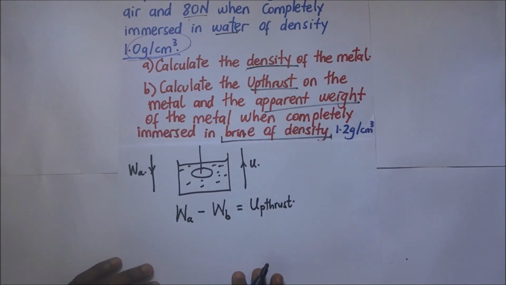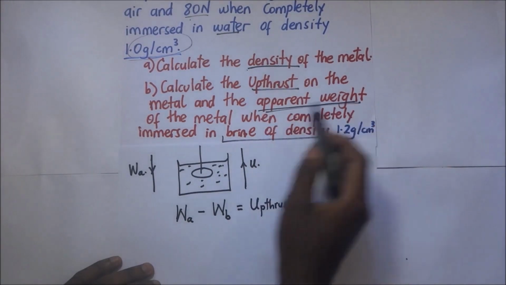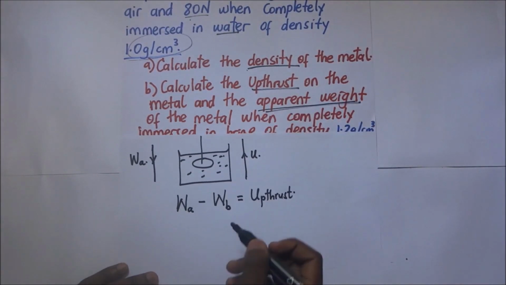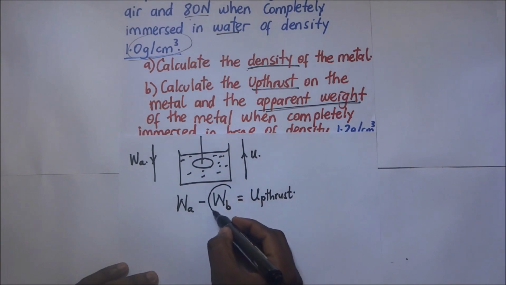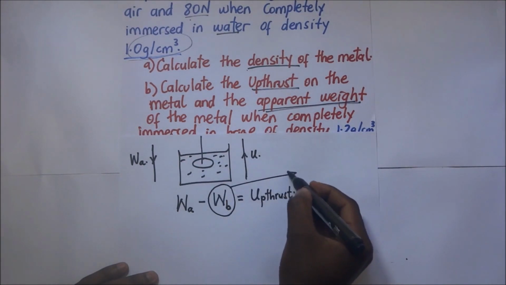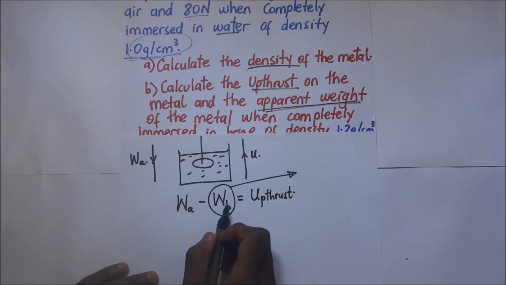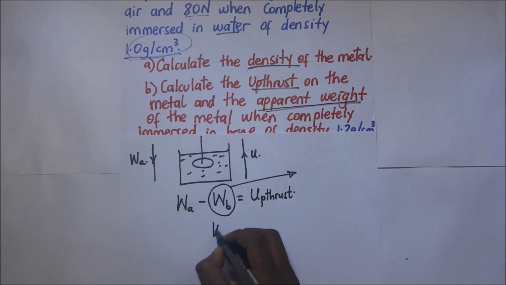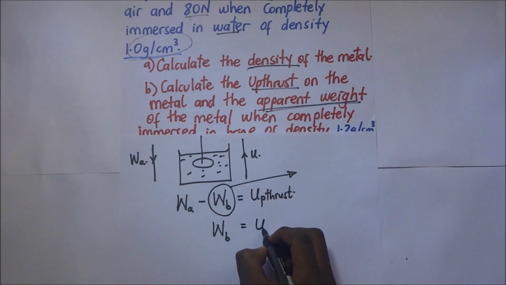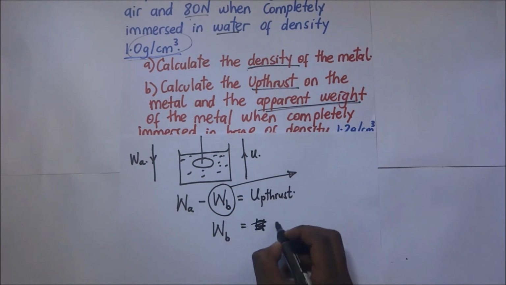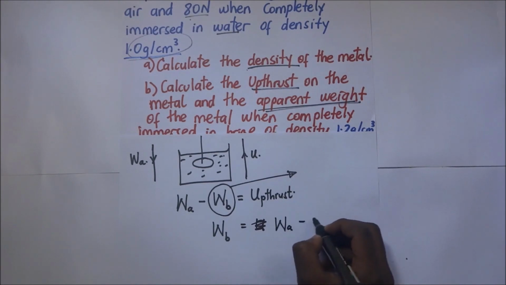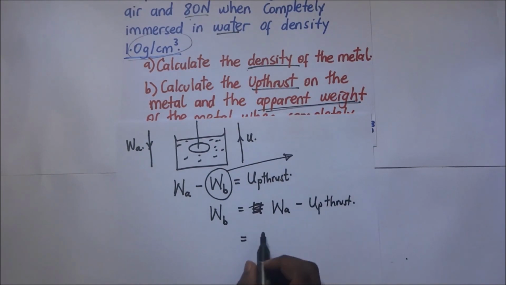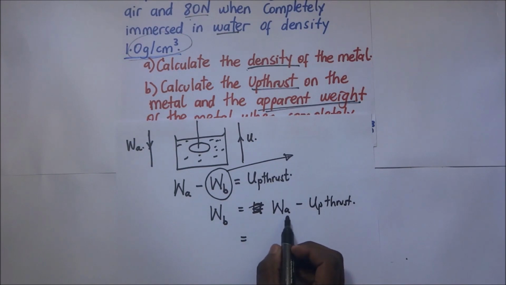And now, according to the question, we are to find the apparent weight of the metal when it's completely immersed in brine. So, of course, the apparent weight is this one. The apparent weight is the weight when it is immersed in brine. So we go ahead and find WB. Make WB the subject of the formula. Its apparent weight, or its weight when it is in brine, is given by the weight in air minus the upthrust.